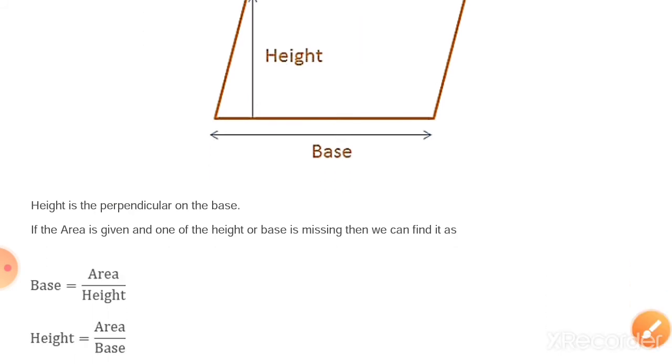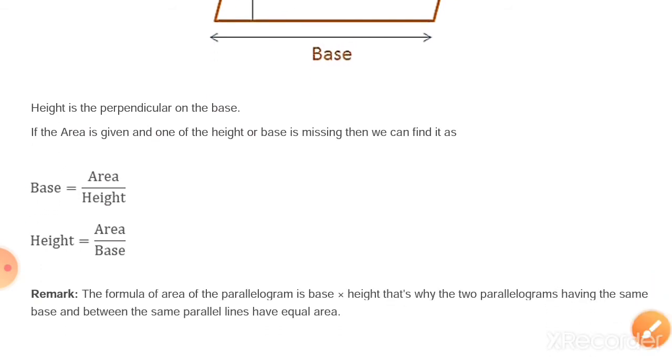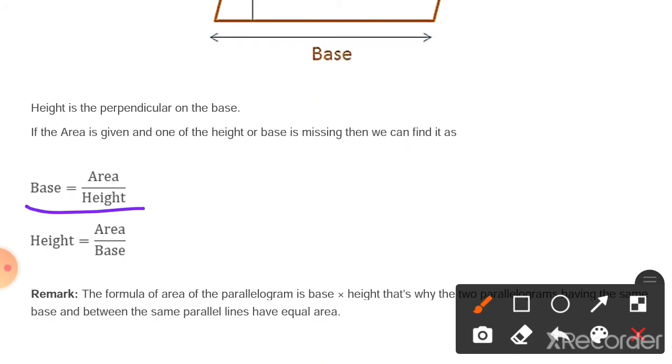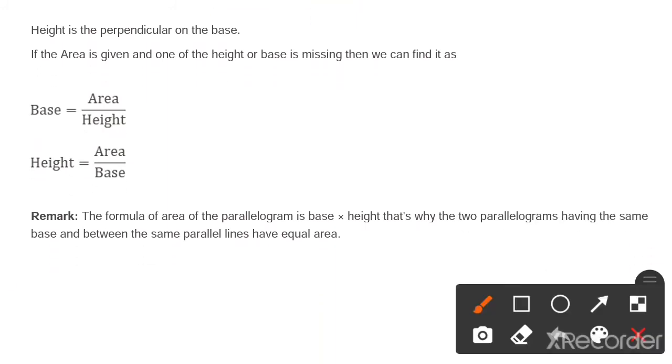So if the area is given and either the height or base is missing, we can find the base as area upon height, and if we want to find the height, the formula is area upon base. Correct? One remark here: the formula for the area of a parallelogram is base multiplied by height. That's why two parallelograms having the same base and between the same parallel lines are equal in area. So what we prove in the theorem, we can conclude by using this formula.